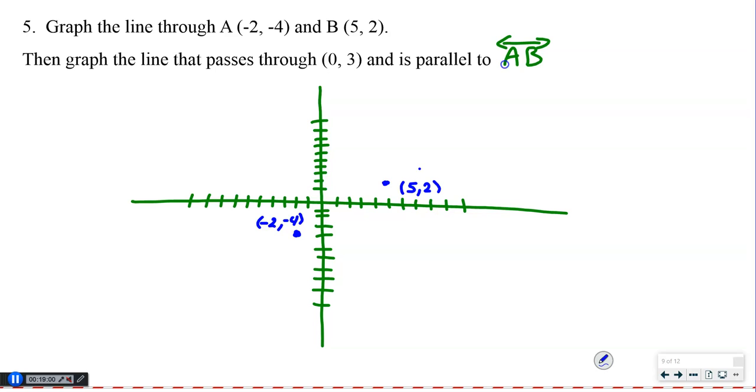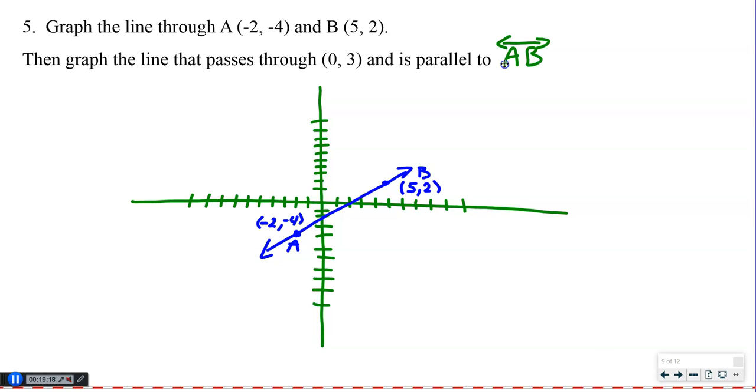So this is point B, and this was point A. So there's our line that passes through those 2 points.